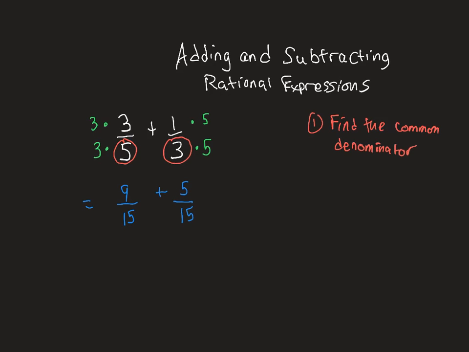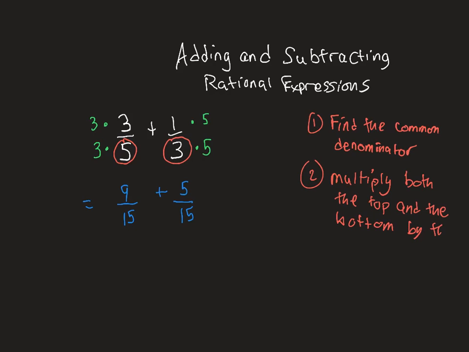Now, once you have actually done all of that, I'm going to add to these rules here: you find the common denominator, you multiply both the top and the bottom by the same factor.